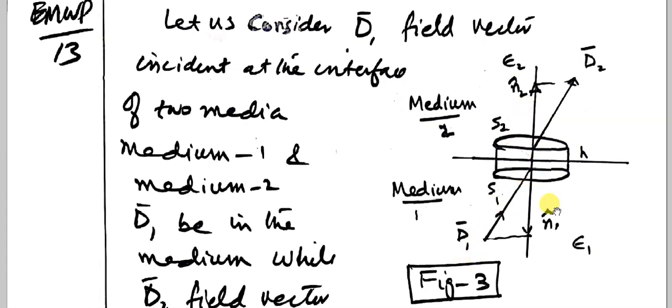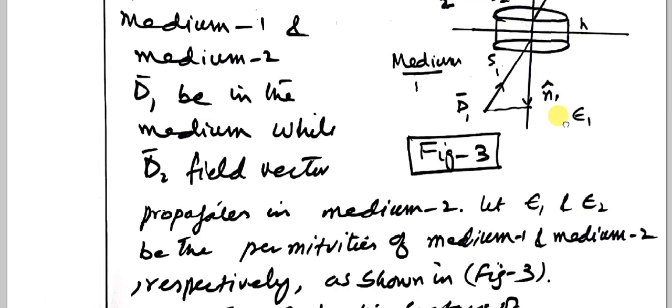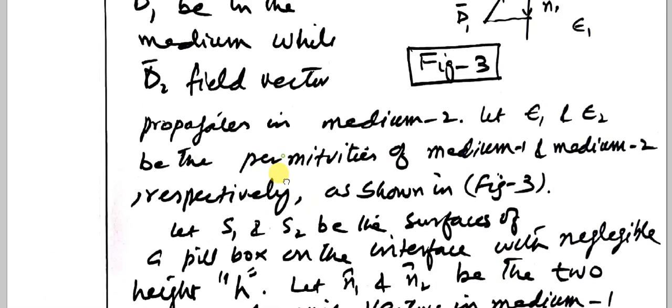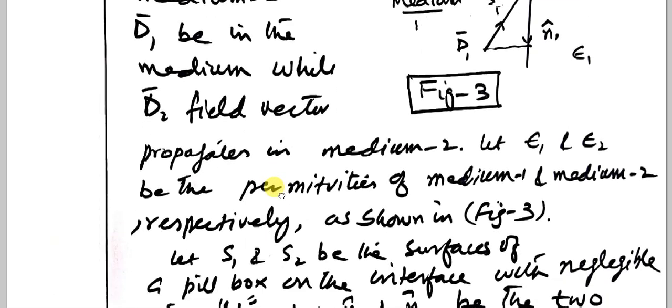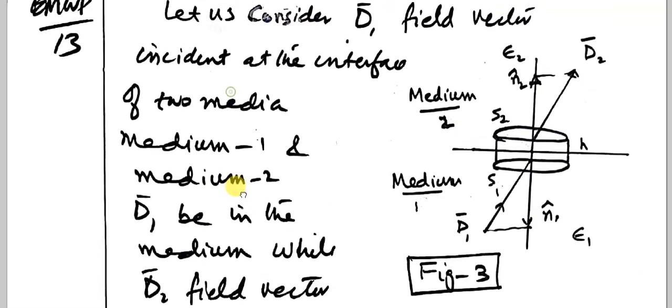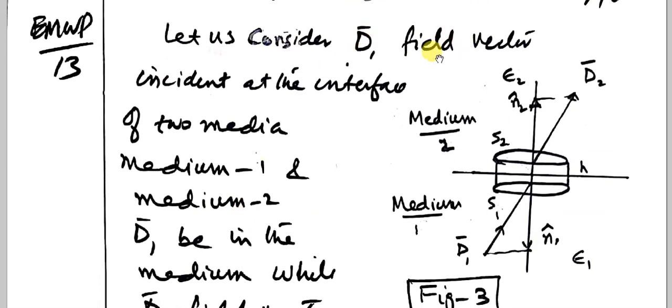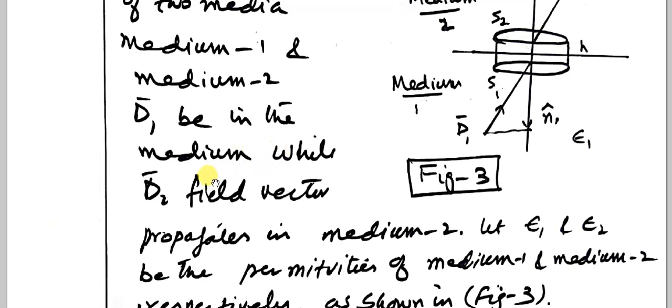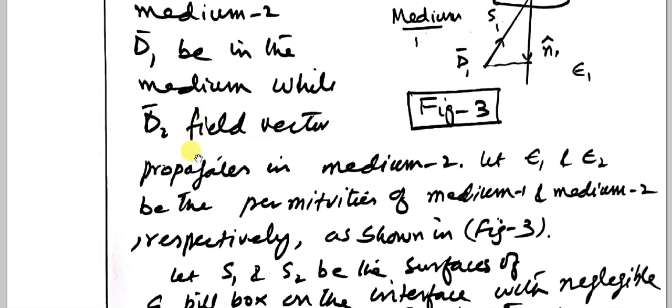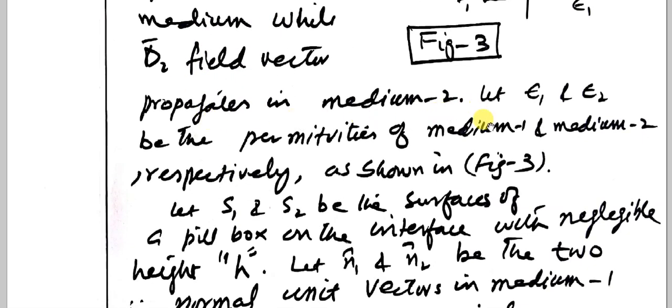So let us consider now the d1 field vector incident at the interface of the two media. d1 is in medium 1 while d2 field vector propagates in medium 2. Let epsilon 1 and epsilon 2 be the permittivities of medium 1 and medium 2 respectively, as shown in the figure.